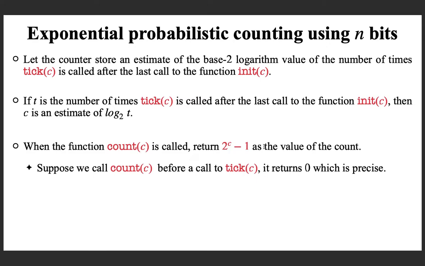But for that we may need to do one more increment, because actually you have to return 2 to the power c, because c is actually log t. So the actual value you should return is 2 to the power c, but you are returning a number 1 less than that. Later I will tell you why the algorithm is doing that.